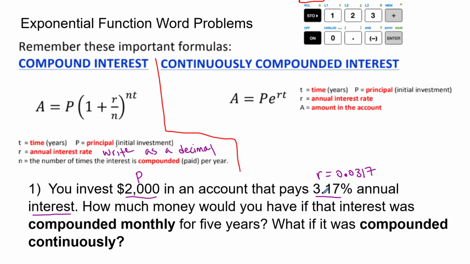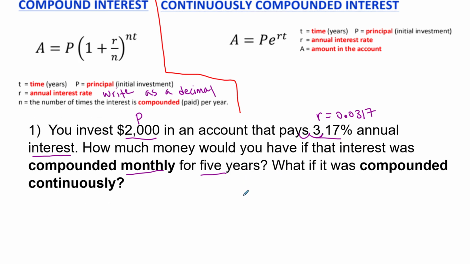Remember, for percent to decimal, we move the decimal point over 2 places, 1, 2. How much money would you have if that interest was compounded monthly for 5 years? Or what if it was compounded continuously?